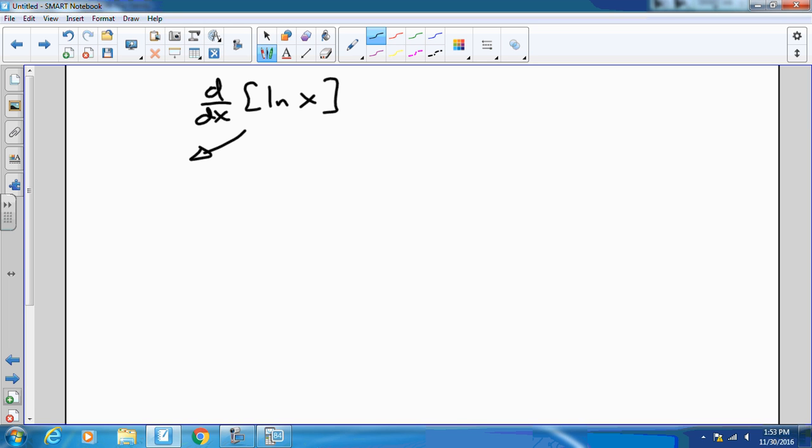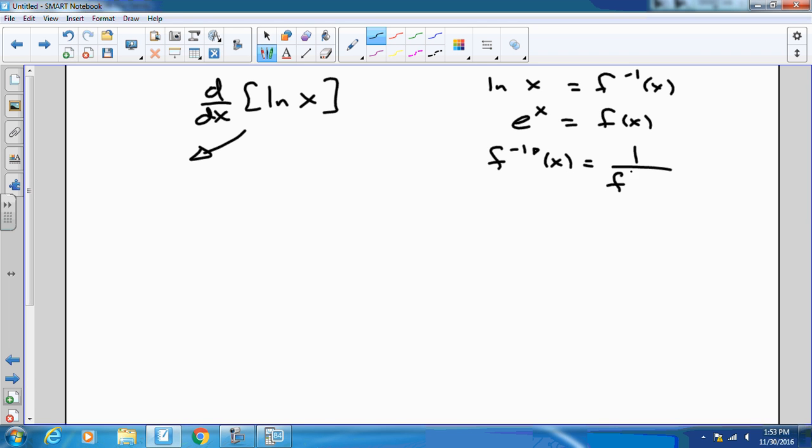If I want to think of natural log of x as f inverse, then the corresponding parent function that it is the inverse of is e to the x. Remember the inverse function theorem: f inverse prime is 1 over f prime of f inverse.